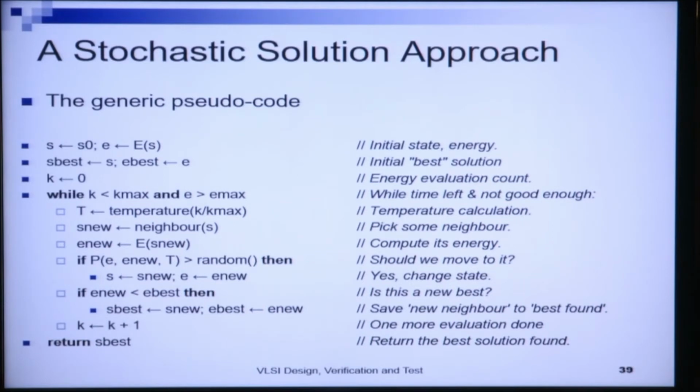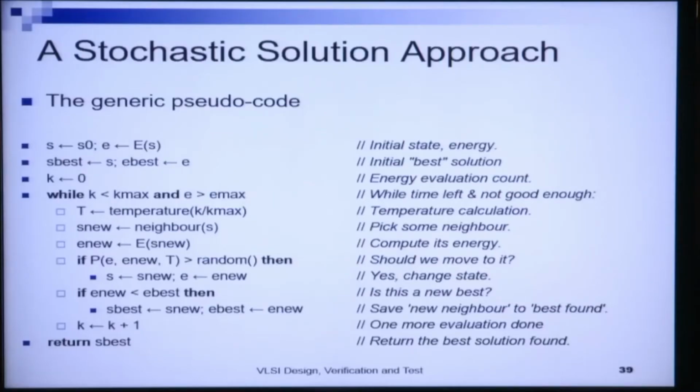If I have already got a solution that is acceptable, I can stop the algorithm even before k has reached k max. Now, at any given iteration, the temperature is given by k by k max, where k max is the maximum number of iterations and k is the current number of iterations.